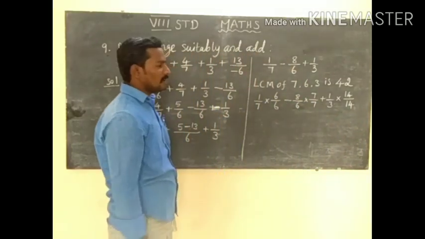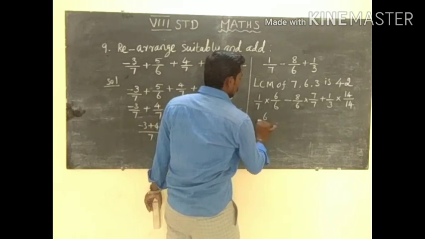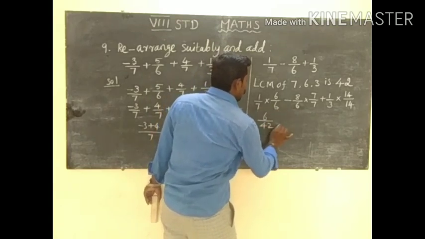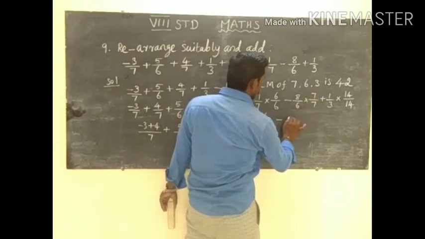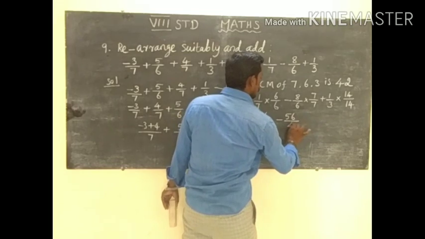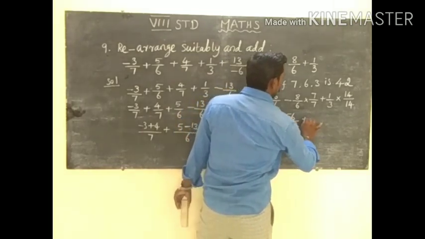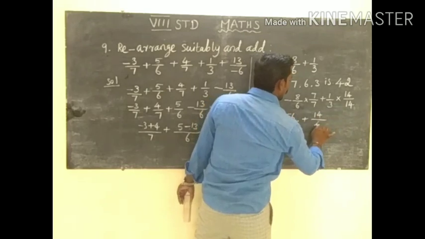We are using the equivalent fraction method. 1 6 is 6, 7 6s are 42, minus 8 sevens are 56, divided by 6 sevens are 42, plus 1 14 is 14, divided by 3 14s are 42.